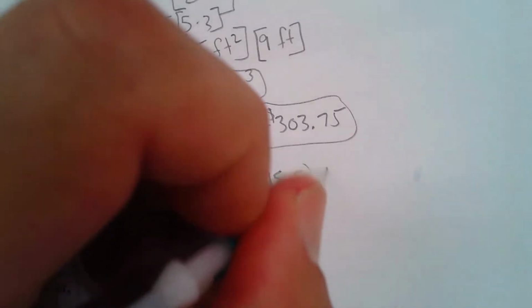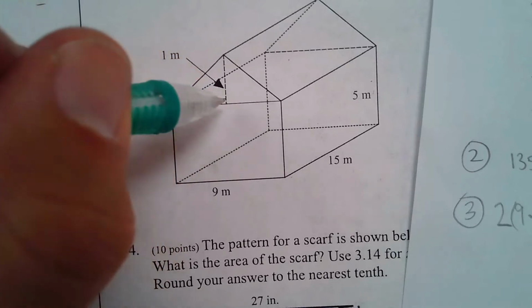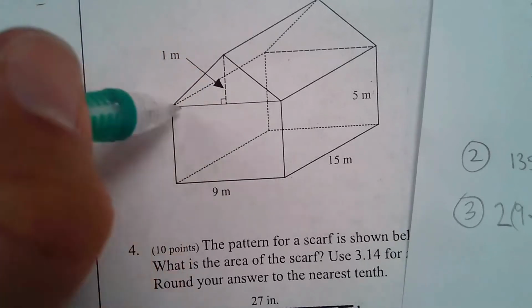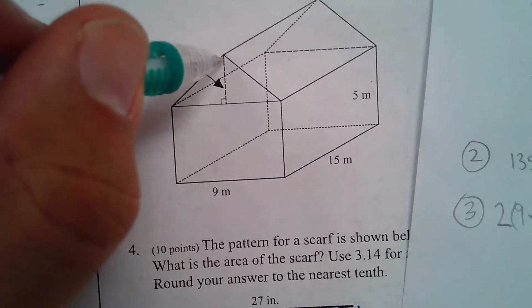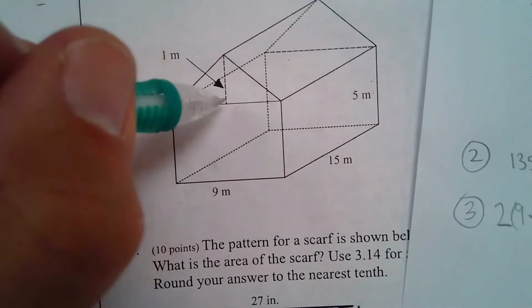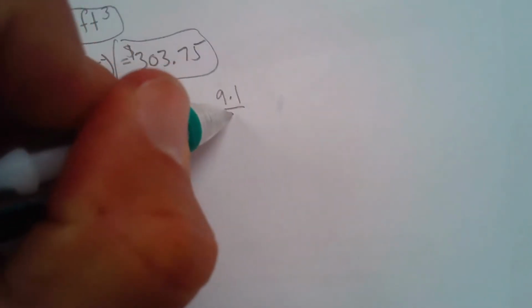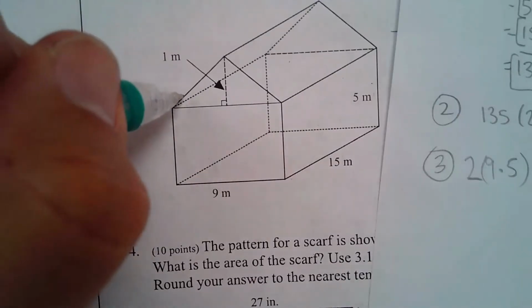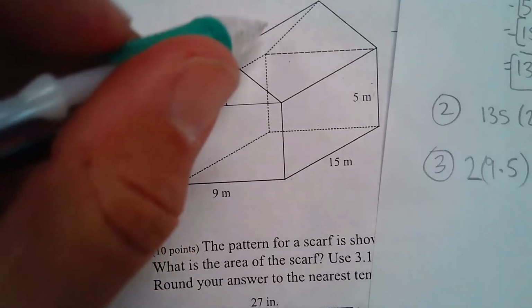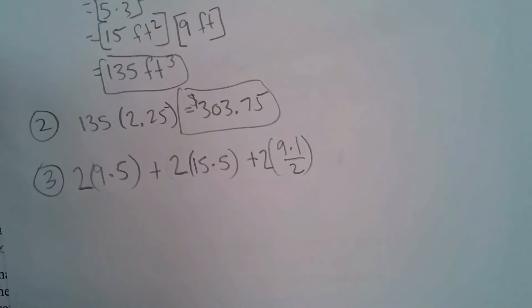Then we have the triangular front, whose base is 9. So 9 times 1 divided by 2, because the area of a triangle is base times height divided by 2. But there are 2 of these triangles, one in the front and one in the back, so I would multiply that by 2.